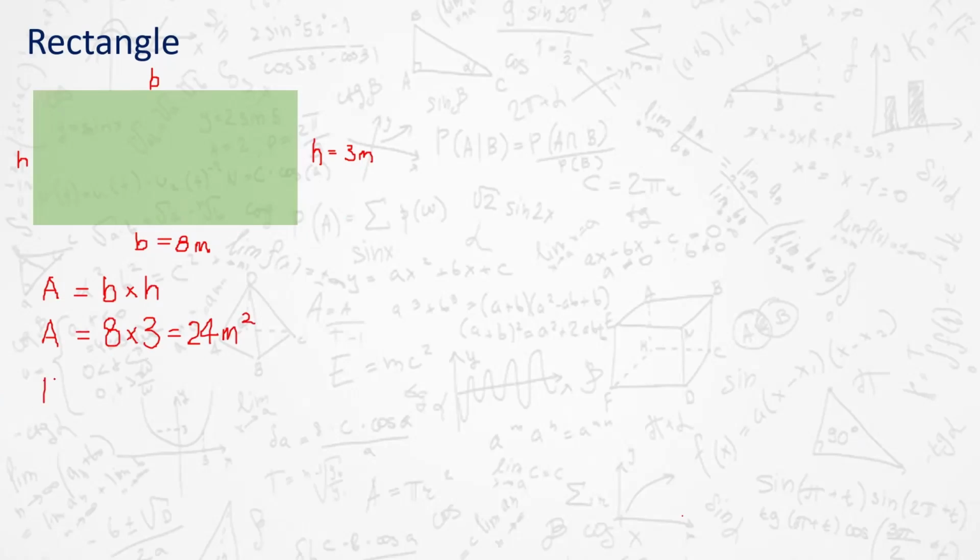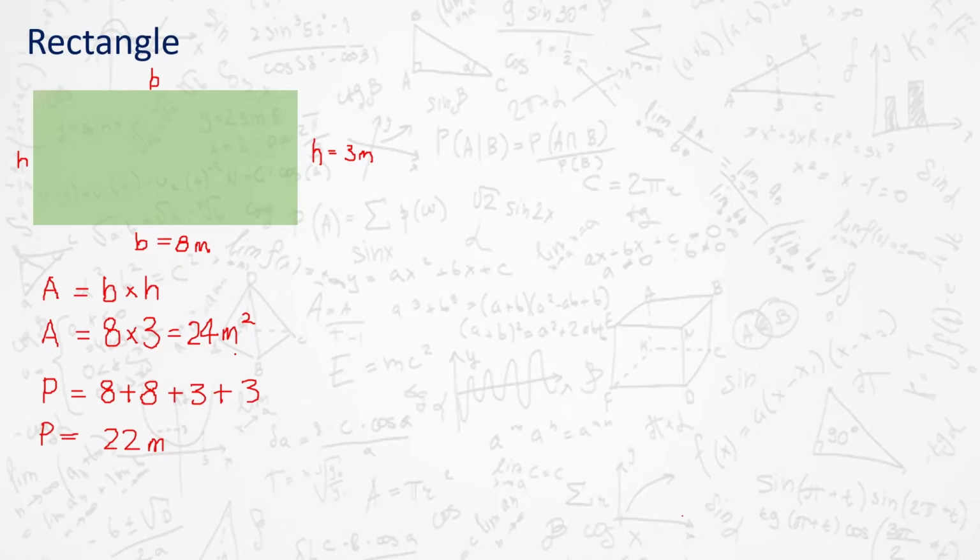If we're looking for perimeter, I just need to add all four sides. So 8 plus 8 and 3 plus 3. Therefore, my answer will be 22 meters. This is length, so length in meters and areas in meters squared.